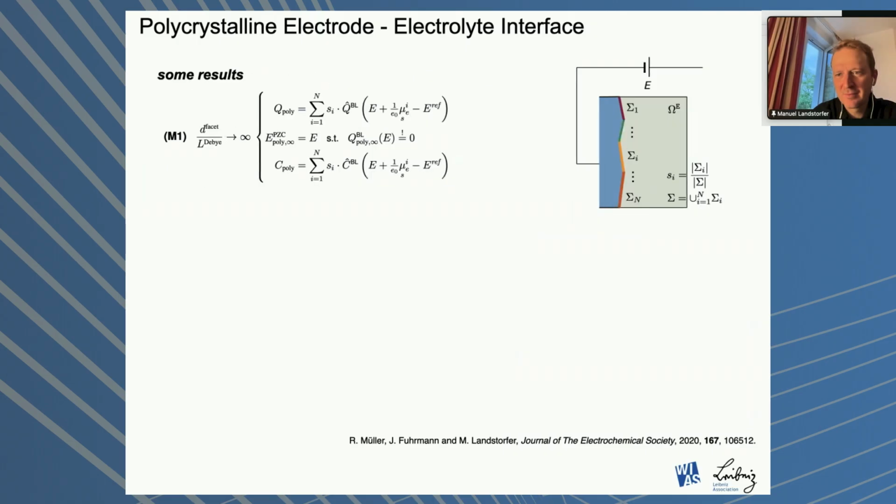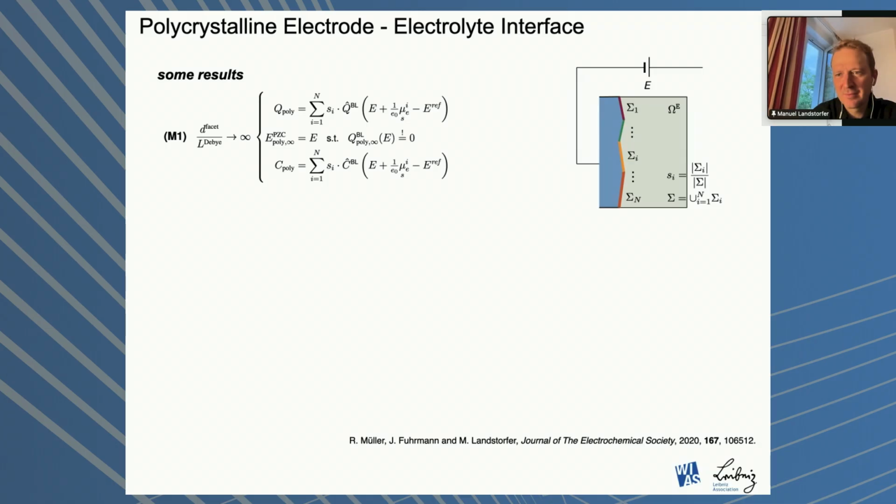And yeah, let me point out what results we can find. So M1 here means whenever the facet size is large compared to the Debye length, then you find what is written here on the right side.